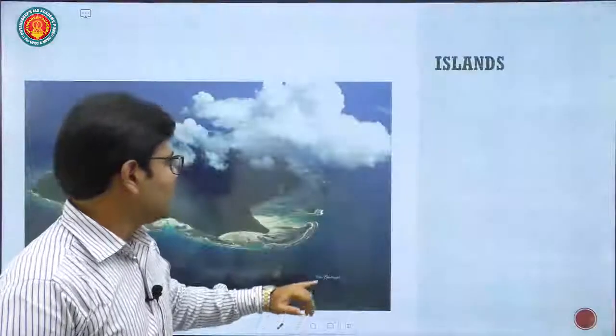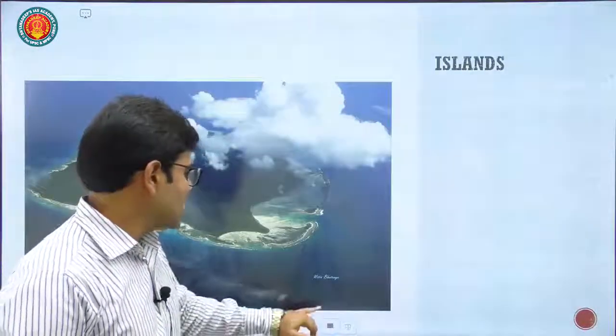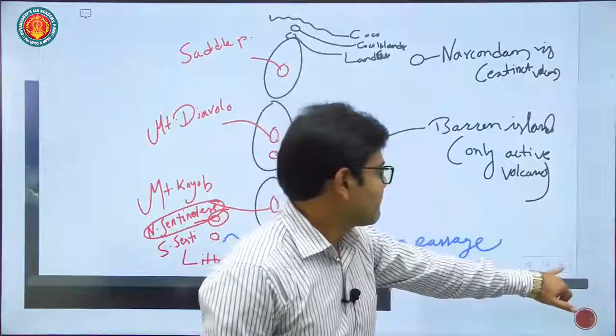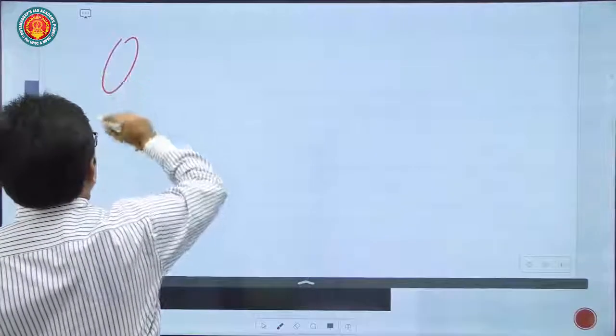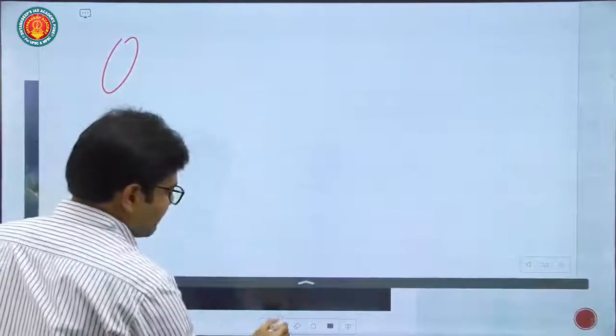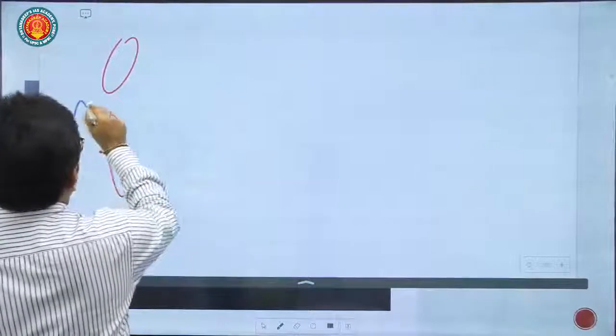Then we will see about the Nicobar Islands. Andaman and Nicobar are separated by the 10-degree channel.